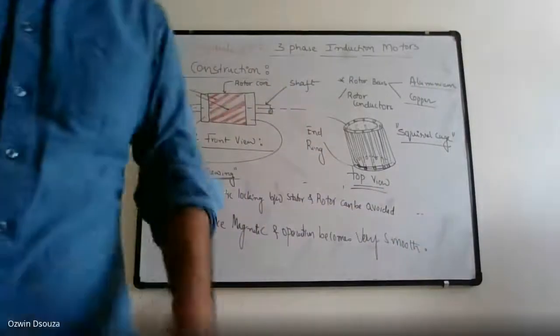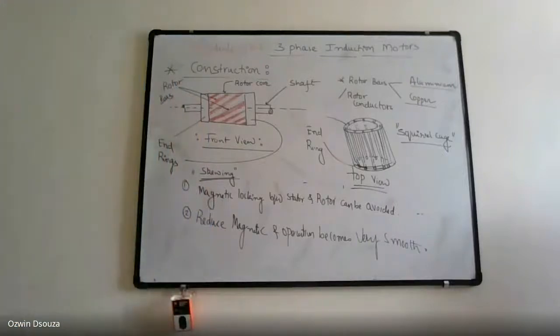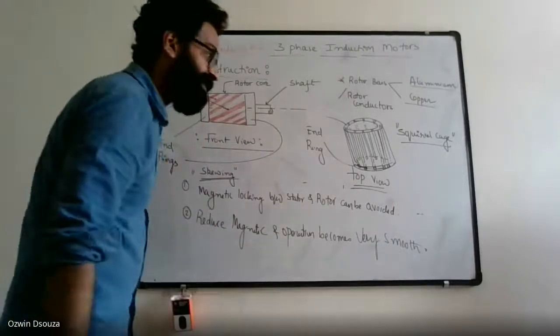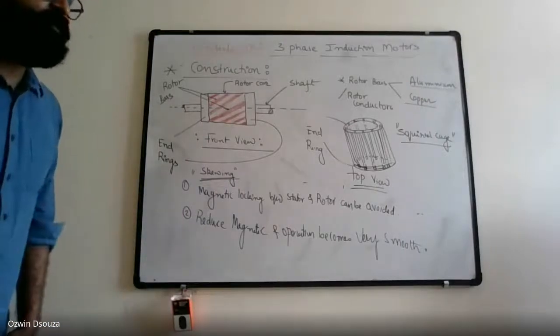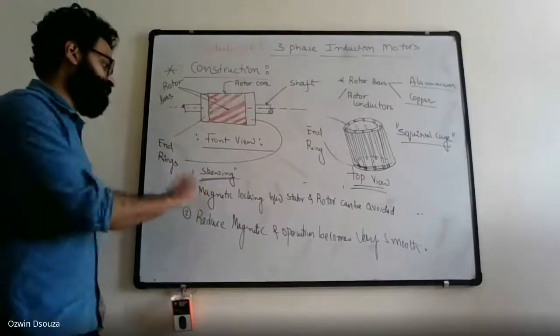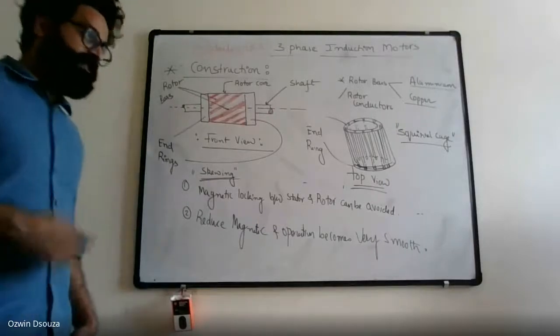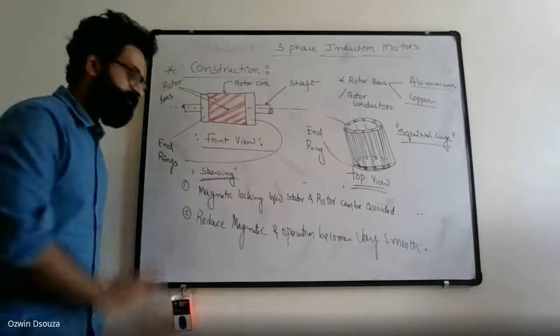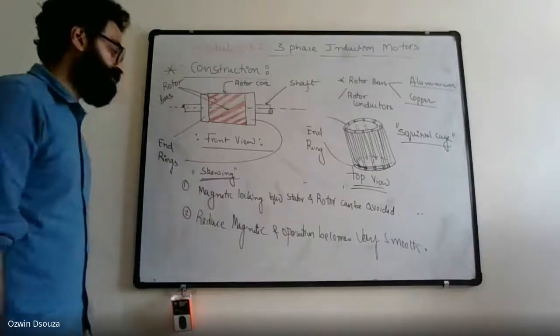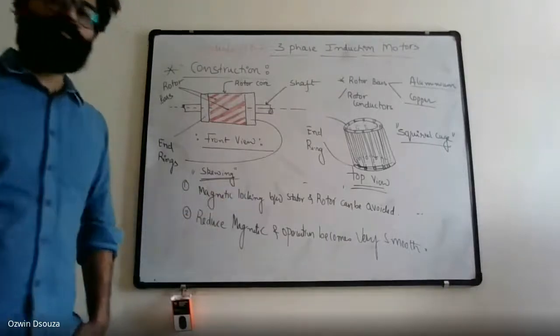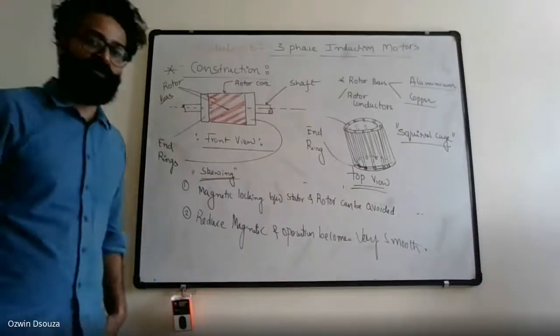In the exam, for short notes, they can ask why the rotor bars are skewed, why the rotor bars are not parallel with the shaft axis. So you can say that rotor bars are skewed in order to achieve the two following advantages. The first advantage is we can avoid the magnetic locking between stator and rotor.